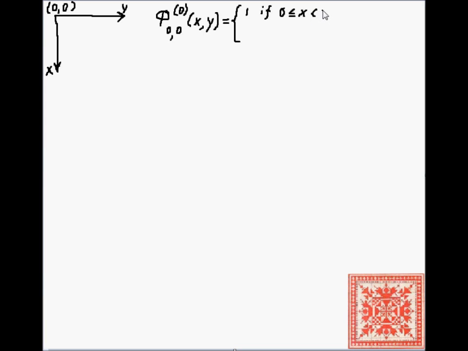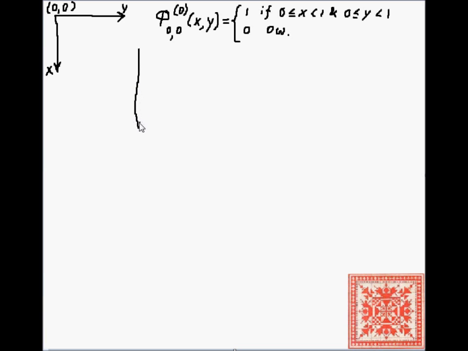So it's defined to be 1 if x is greater than or equal to 0 but less than 1, and y is greater than or equal to 0 but less than 1, and it is defined to be 0 everywhere else. So it's a two-dimensional step function.